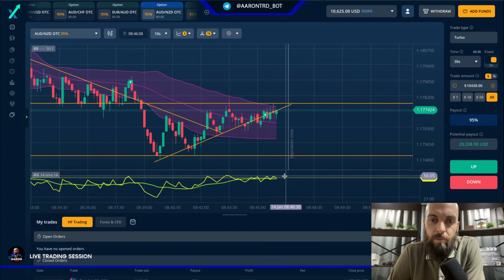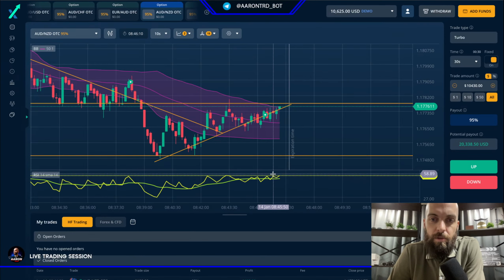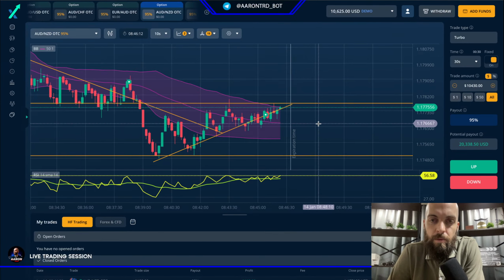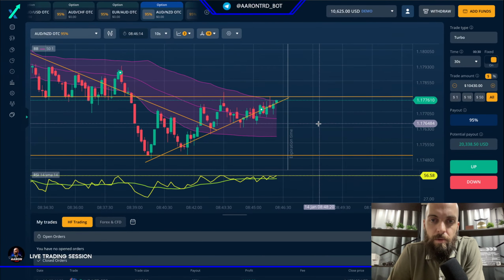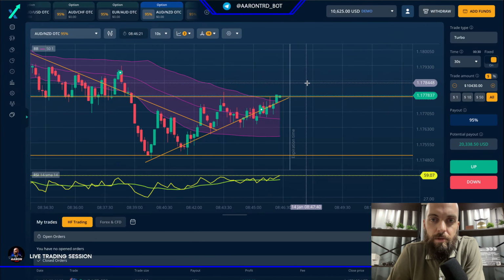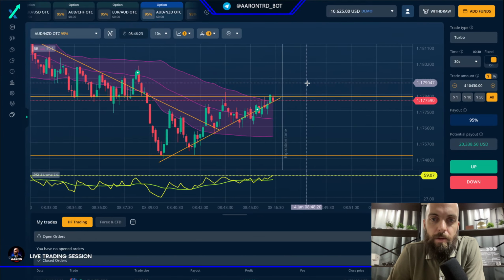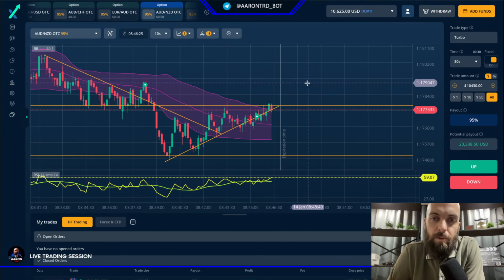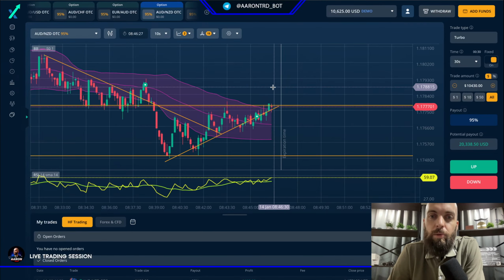What we want to see is momentum closing further down and getting denied right at this level. If we don't see that, then we could get the breakout, and then we have to wait for the retest.